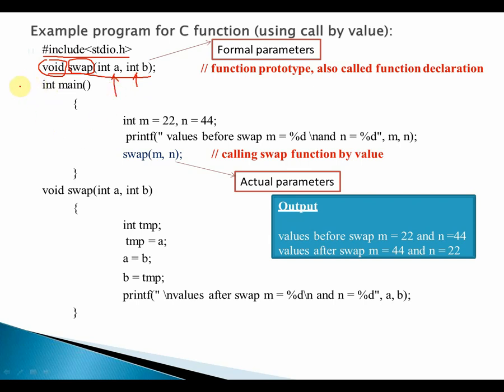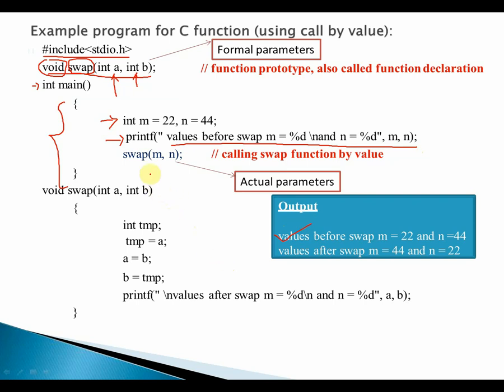Now, the next line which will be executed is the main function. So the body of the main function will be executed. The first line in the body of the main function is where you are declaring two variables m and n and initializing them with some values. After that, the printf statement, which is printing the values of the two variables before swapping, is executed, and you get this as output.